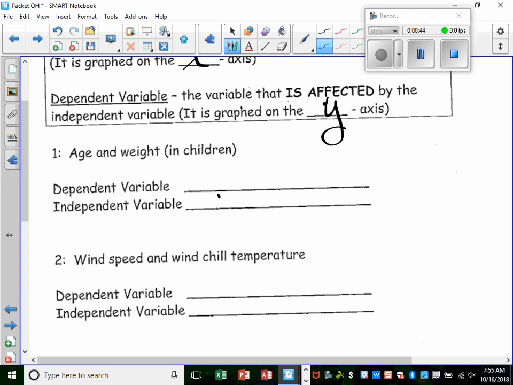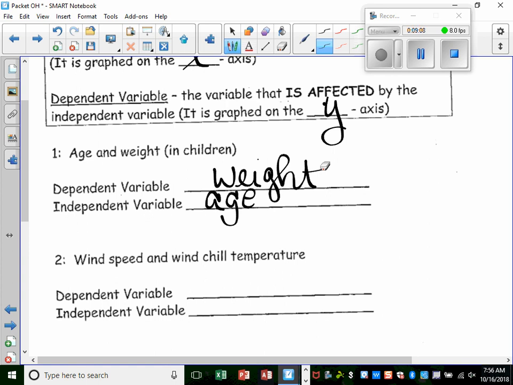So here we're going to say the independent variable is the age, and then here we're going to put weight. Typically, the older the child is, the more the weight is for that particular child. As the age goes up, usually the heavier the child.